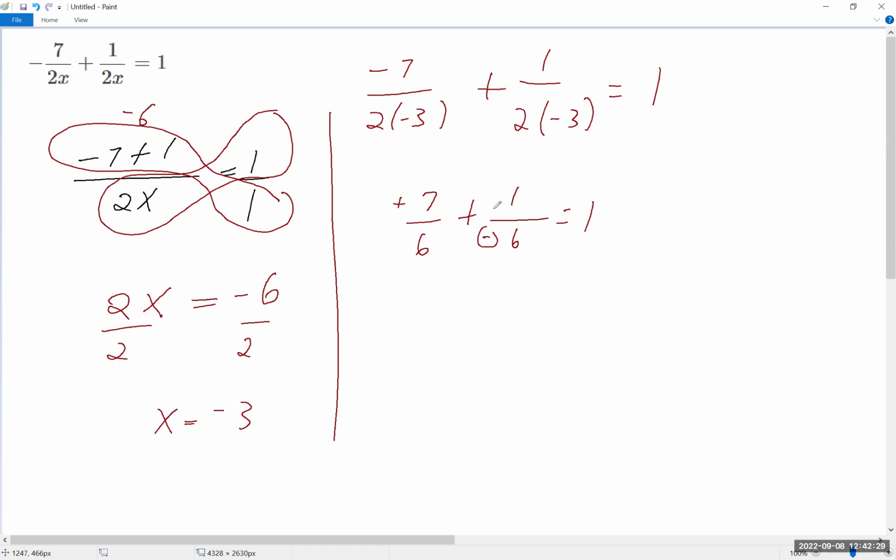And I guess I can put this minus sign up here. And yeah, it does work out. Okay, so that's how you do that one.